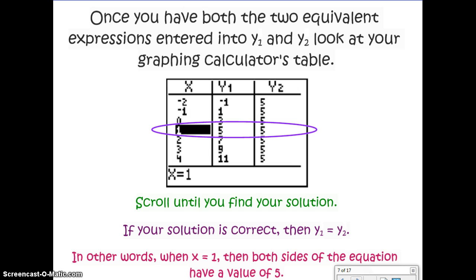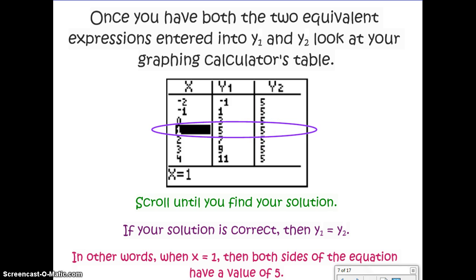If we were to look at it on a calculator, the calculator would do all of the calculations for us. In a table, the x value of 1 has a y1 value of 5 and a y2 value of 5.